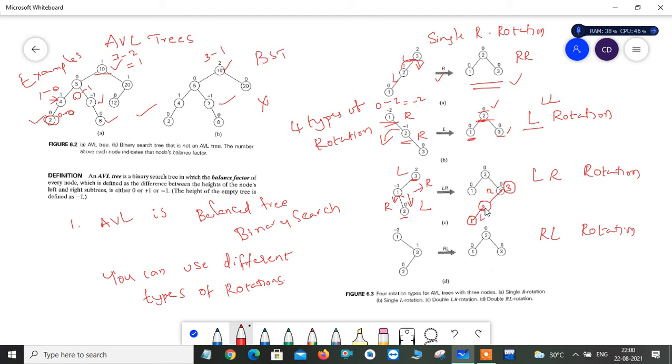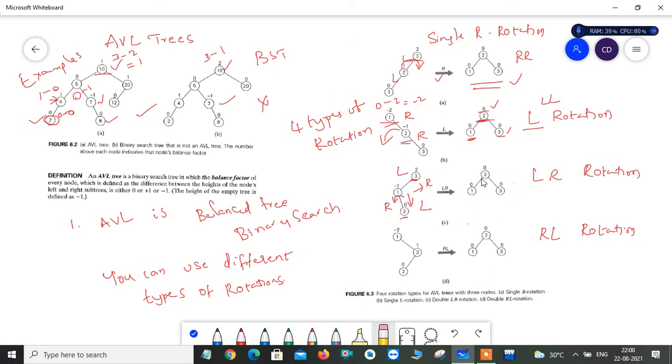After that rotation, I had my tree like this. So 2 becomes my parent node and 1 will be the left child of this node. So now at this level, I find that again my tree is not balanced. So what should I do? I need to rotate right. After I rotate this particular node to the right, my tree becomes like this. Right?